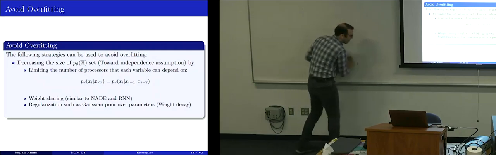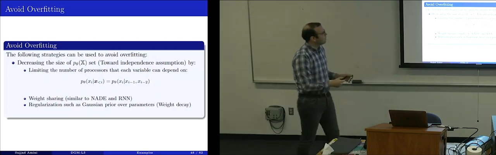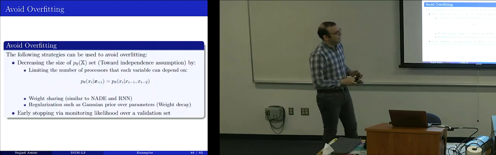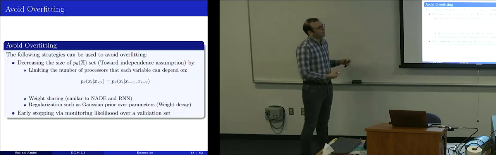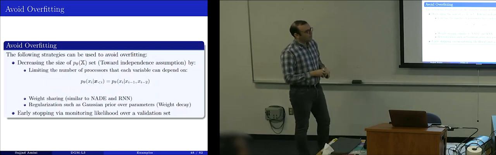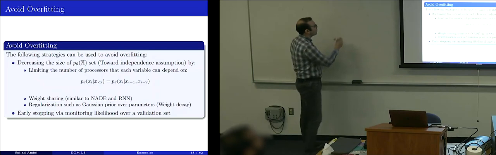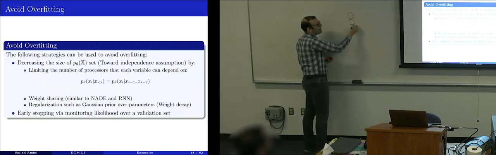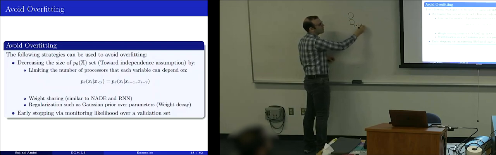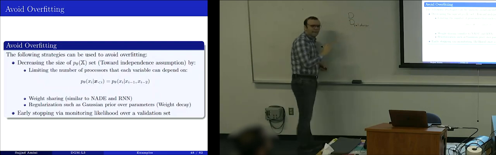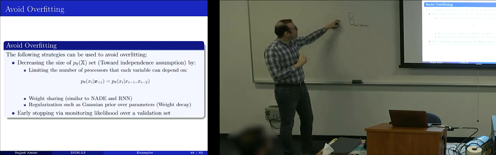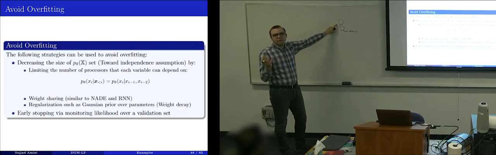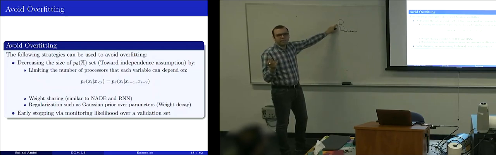Let's continue our discussion. And one important point about autoregressive models is that you can also assume that I have a data set, and I have a validation data set. How can I use the validation data set to control overfitting? Exactly similar to the supervised case.